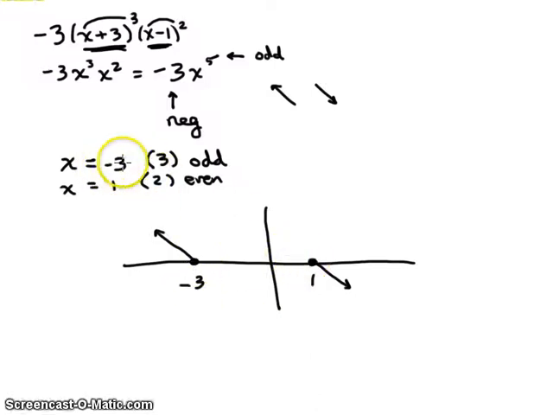Well, at x equals negative 3 on the far left here, I have odd multiplicity, and so the graph will cross. Over here at x equals 1, I have even multiplicity, and so as my graph moves along here, it's going to bounce off. And so that's consistent with my end behavior, and so this graph is going to end up looking like this.